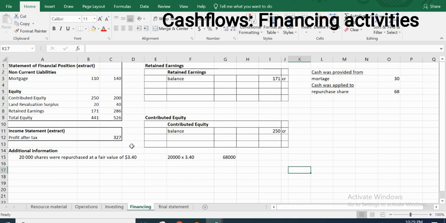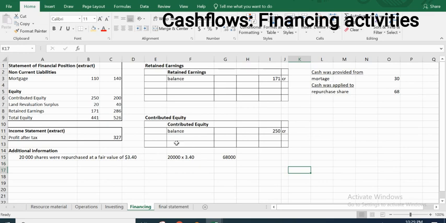This has an impact on our retained earnings account, because when we repurchase the shares, we don't necessarily repurchase them at the price we originally sell them for. That repurchase often comes out of contributed equity going down for the original sale price, but also that share price of $3.40 represents a share of the retained earnings as well, that accumulated profit that can be attributed to those shares.